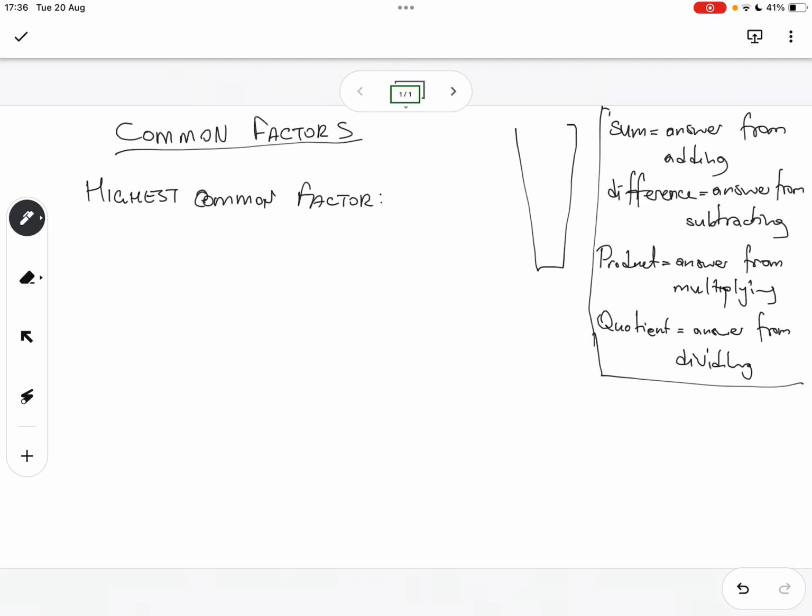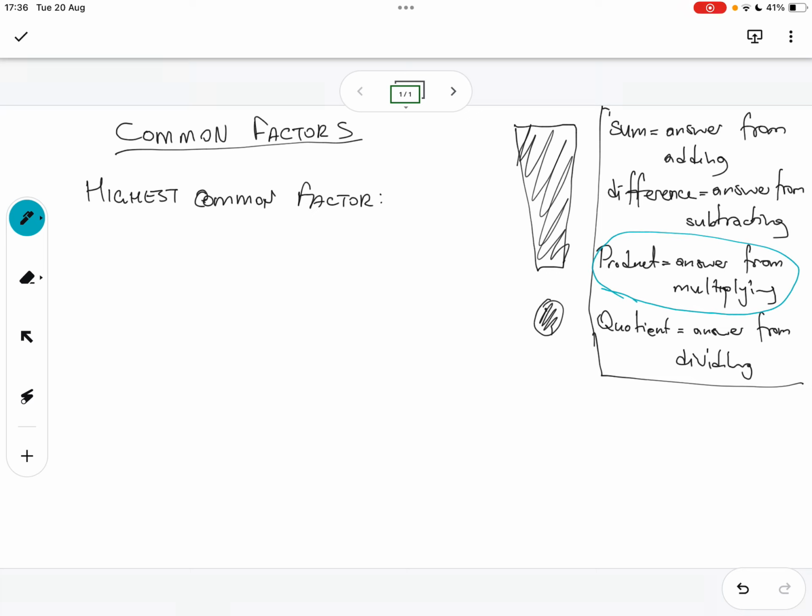And lastly, quotient, answer from dividing. So I'll put a big exclamation mark next to it, so that you notice it. You note it always. It's very important. So there it says we will take out a factor from an expression and write the answer as a product of this and that. That's important. Product of this and that.